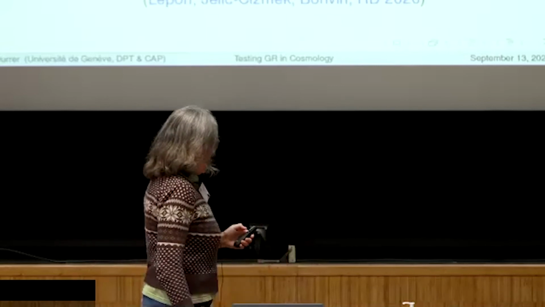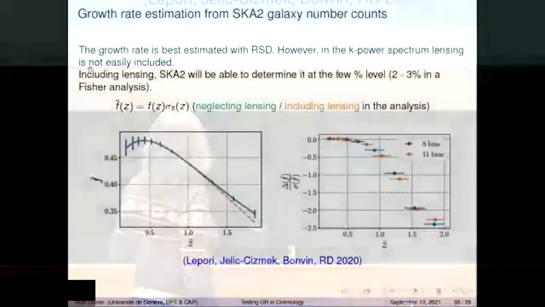And it is true if you only want to measure the standard parameters, you find that the errors in the standard parameters from cosmic variance or from shot noise are larger than the contribution from this lensing potential. However, if you want to get at the growth rate, you can also make errors if you don't include this lensing.